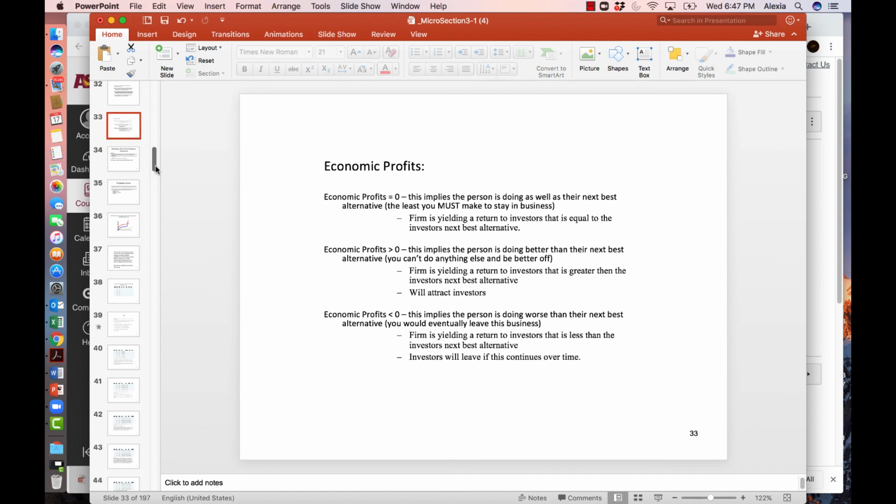So in economics, when we say profits are zero, that means the person would be doing as well as their next best alternative. That means your accounting profits would still be greater than zero. When your economic profits are greater than zero, you're doing better than your next best alternative, and less than, which is the example we did, you're worse off than your next best alternative. But interesting with that one is you could still have a positive accounting profit.